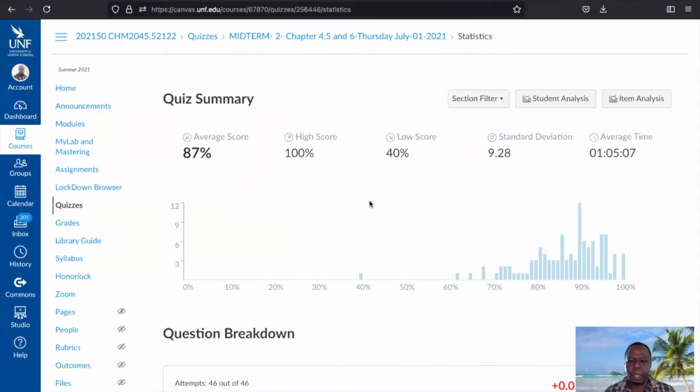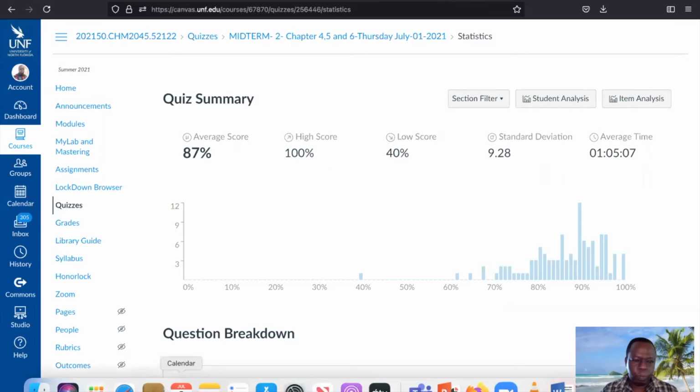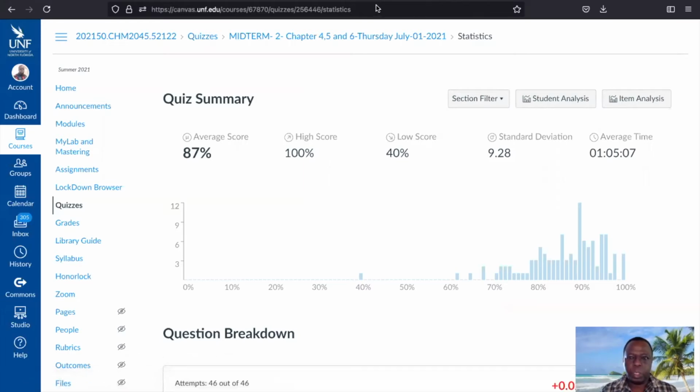These are the numbers, just an overview of where things are with respect to midterm exam number 1.